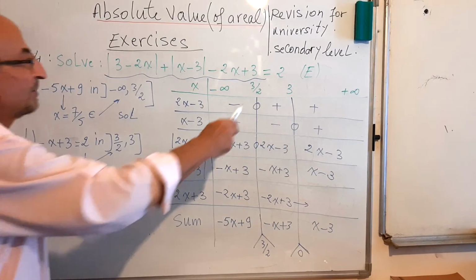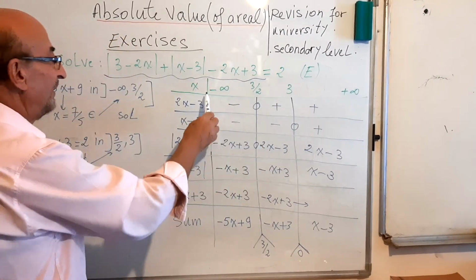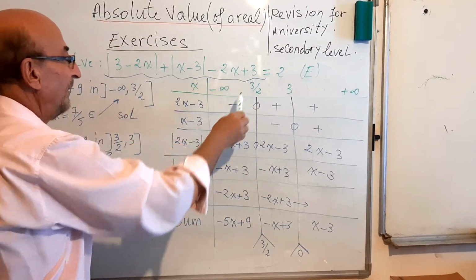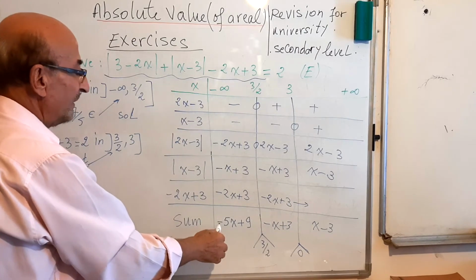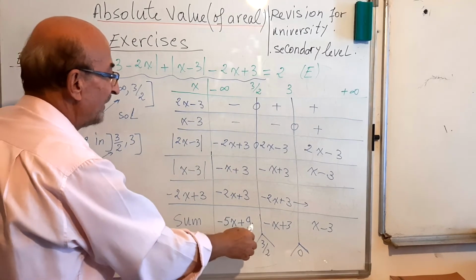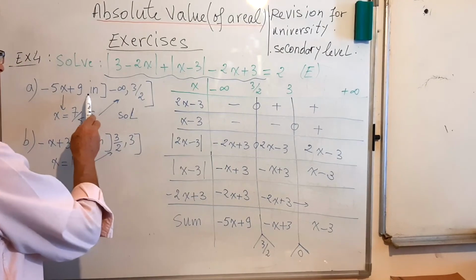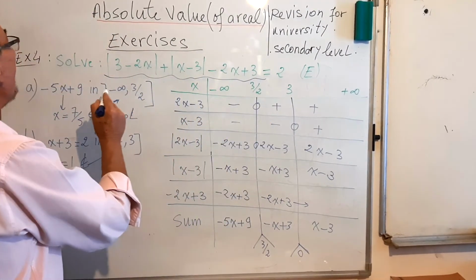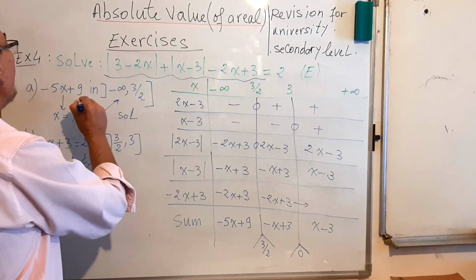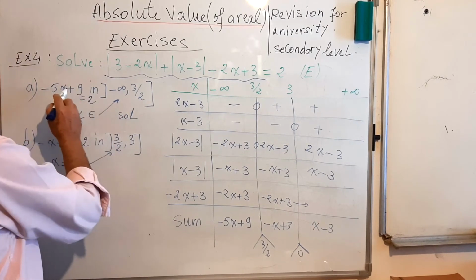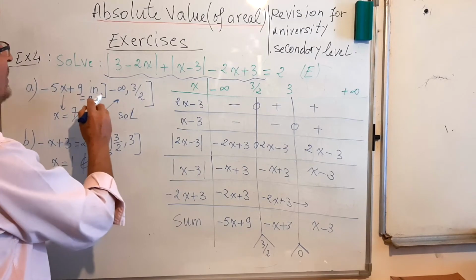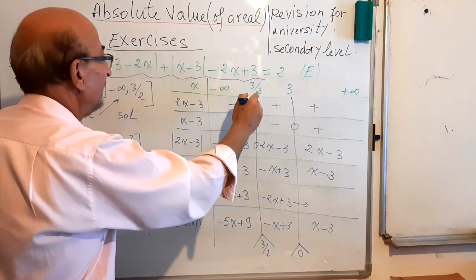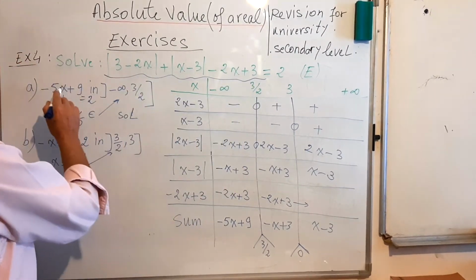Now the equation E in the interval minus infinity to 3 over 2 is: minus 5x plus 9 equal to the right-hand side.